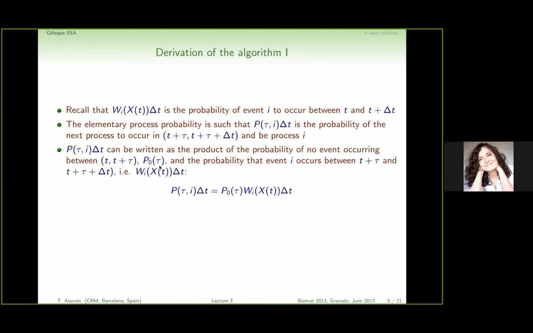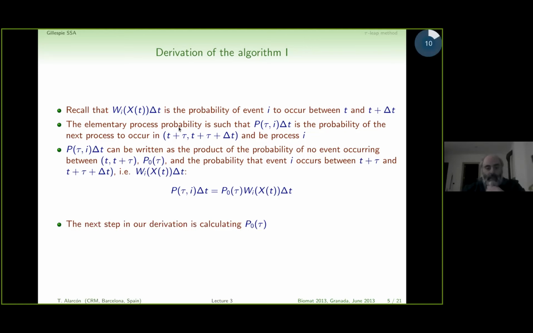But the point is that we are conditioning to nothing happening in this time interval. At time t plus tau we are looking at the probability that something occurs within this time interval here.